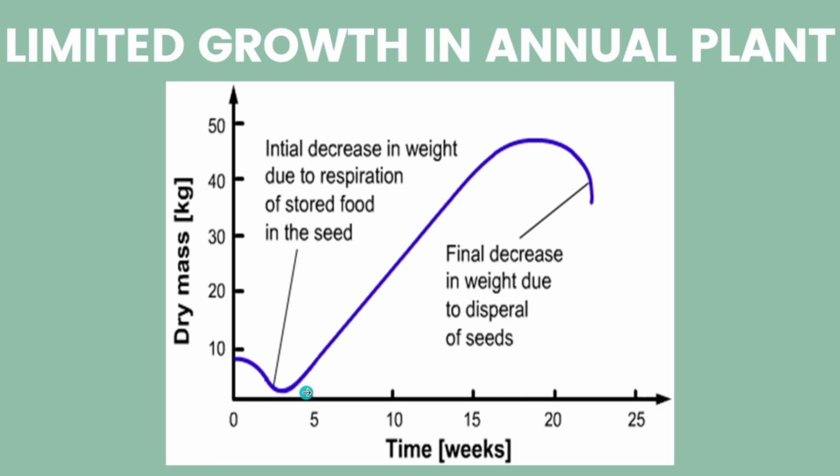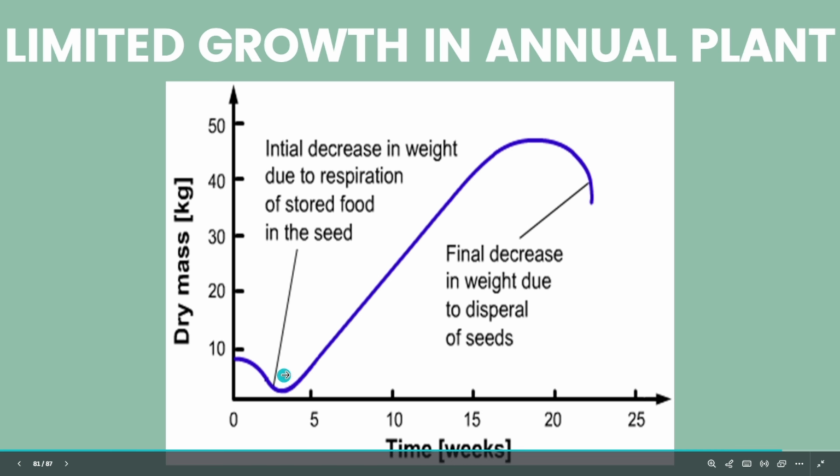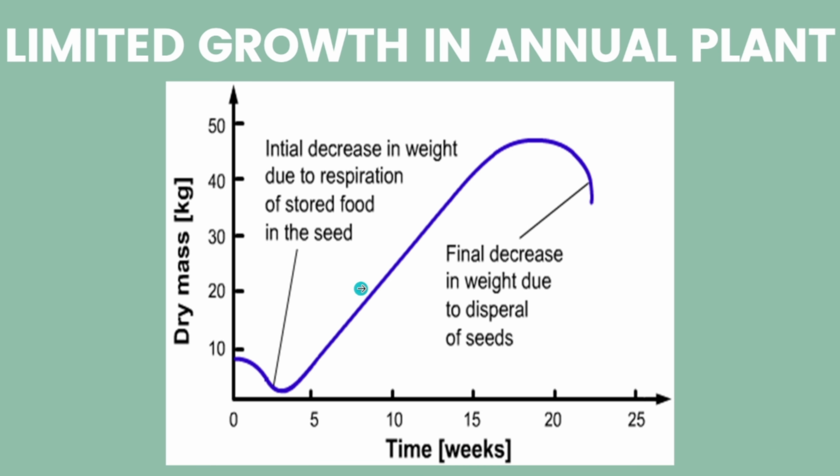So the limited growth in annual plants is very special in that at the initial phase, you can see here, the growth decreases here. So you need to know why this decrease happens. Normally it's due to respiration of stored food in the seed. This happens during seed germination.